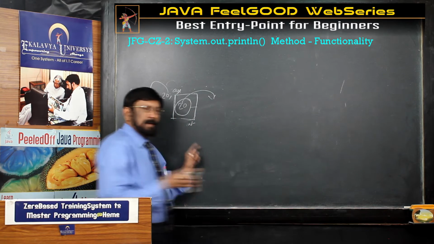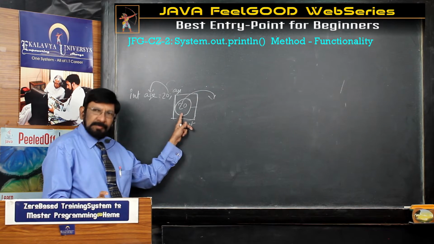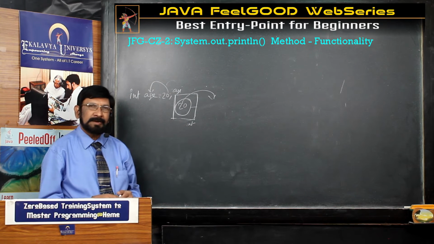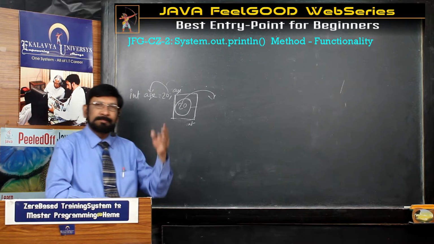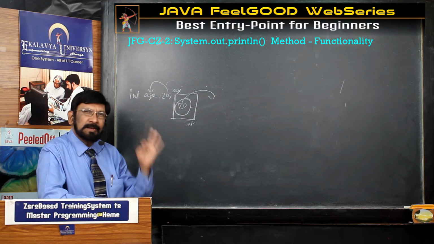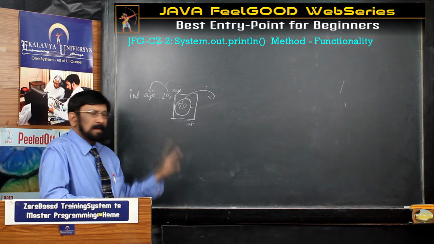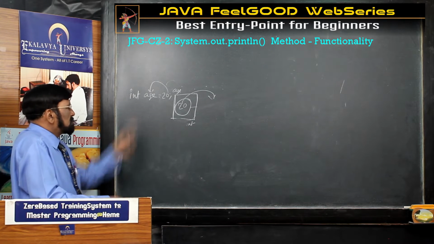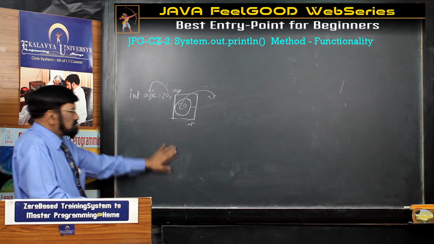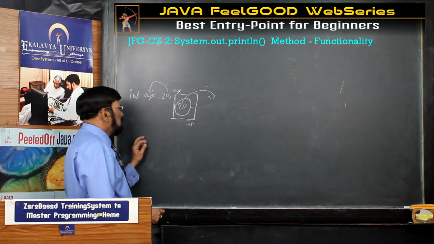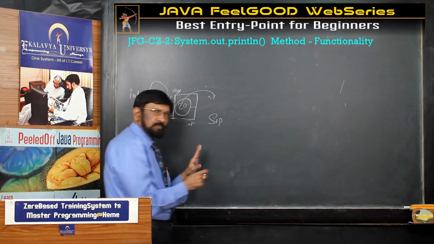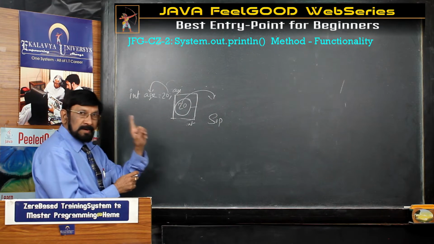SOP retrieves the data from the variable and displays it on the monitor screen. That point you have to understand. So we are learning four operations: creating data, storing data, retrieving data, and displaying data. Now let us understand the syntax. We have written int age = 20. In order to display it, I am simply writing SOP. Just understand that, don't try to write like this.